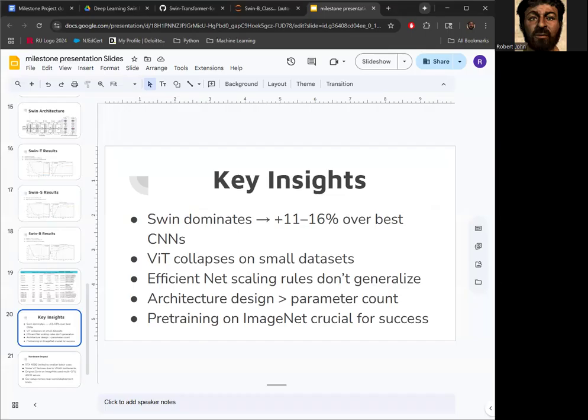Third, EfficientNet scaling rules from ImageNet don't generalize to small datasets. Fourth, architectural design matters more than just parameter count. Swin's hierarchical approach outperforms much larger models. And finally, pre-training on large datasets like ImageNet is crucial. Without it, none of these transformers would have performed well on the Oxford-IIIT dataset.